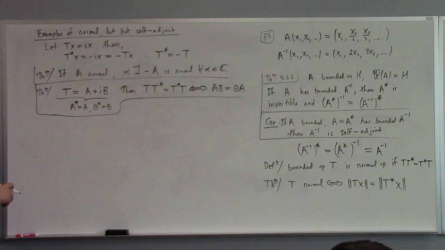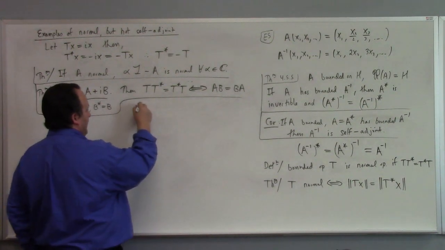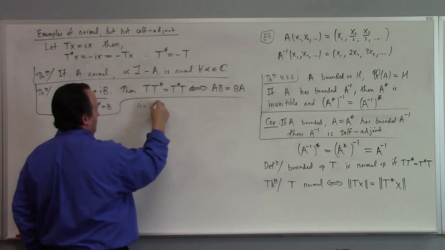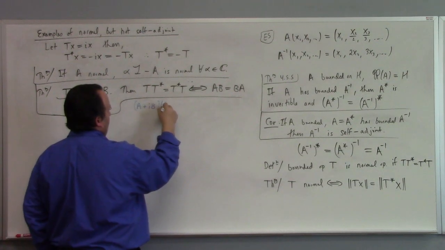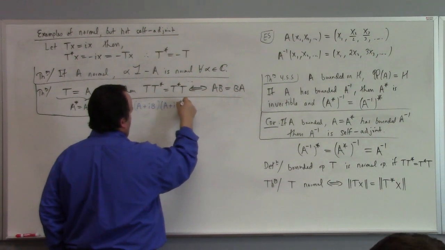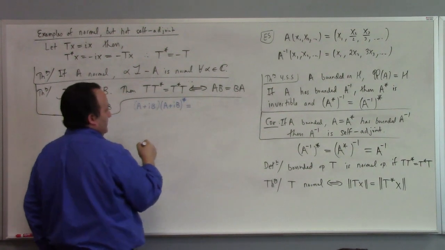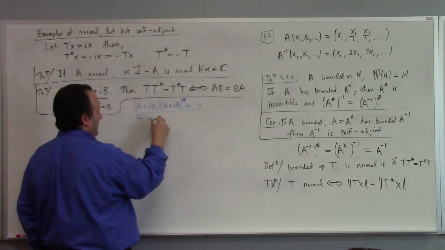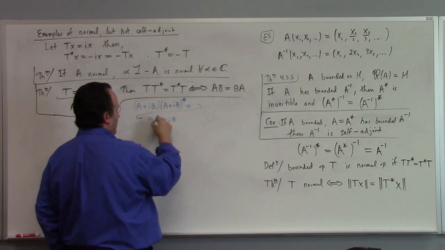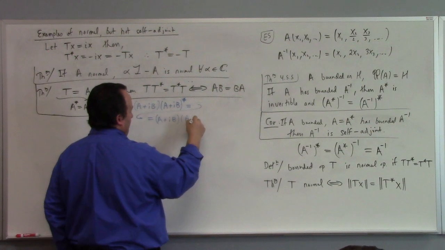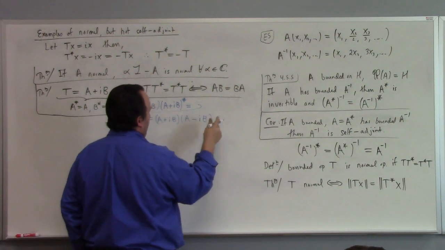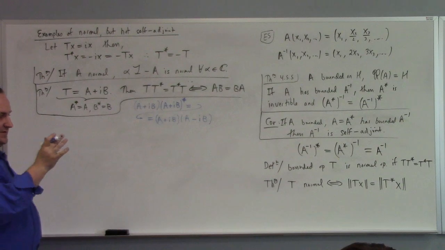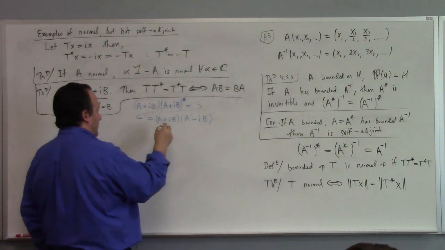Oh, I've got to look at the calculation for this one. Hopefully I won't get in trouble. Let's see, A plus IB, and then A plus IB adjoint. By properties of the adjoint, we've got A plus IB times A minus IB. You'd write the adjoint, but A and B are self-adjoint, so I'm just dropping them.